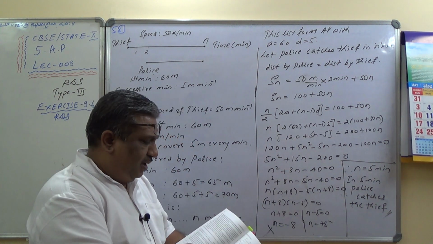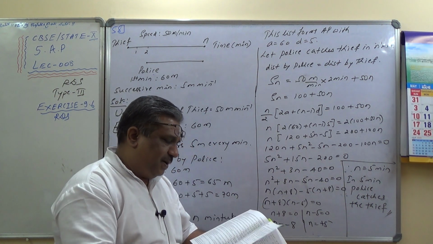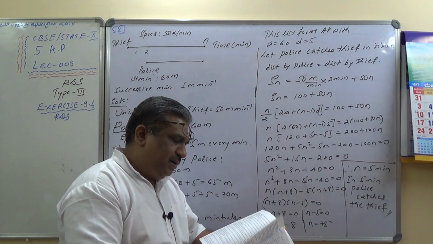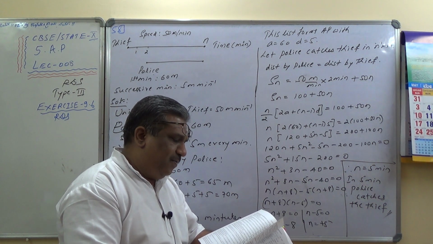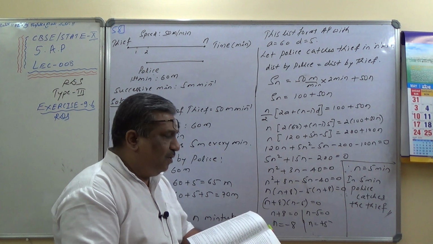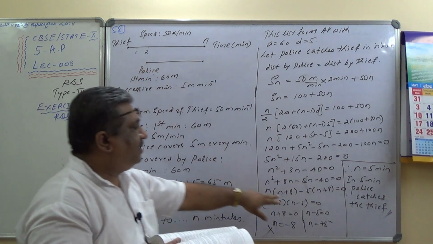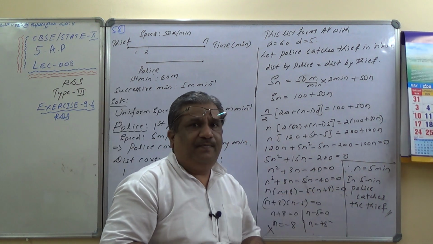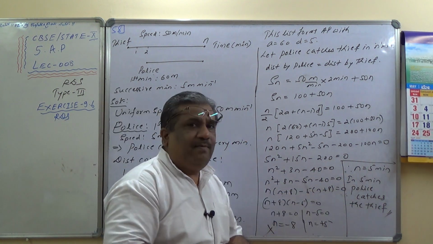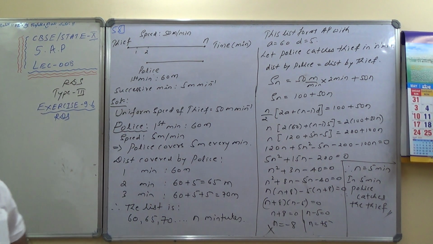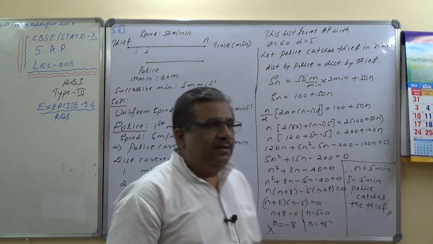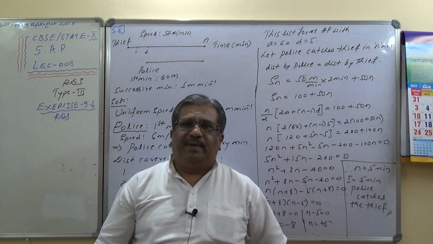From the time the police starts. For example here, after how many minutes will the policeman catch the thief? So the moment police starts running to catch the thief, he takes 5 minutes to catch the thief. Yeah, that's okay. This is the answer. Please note it down. I think you have noted down the numerical.